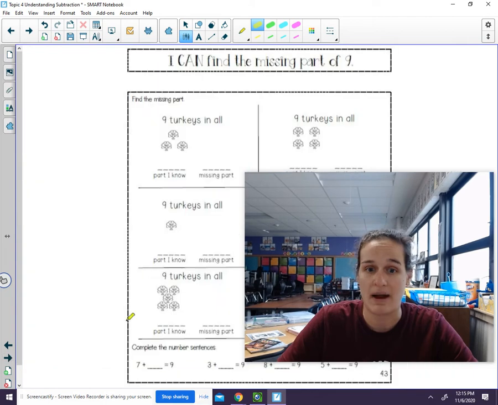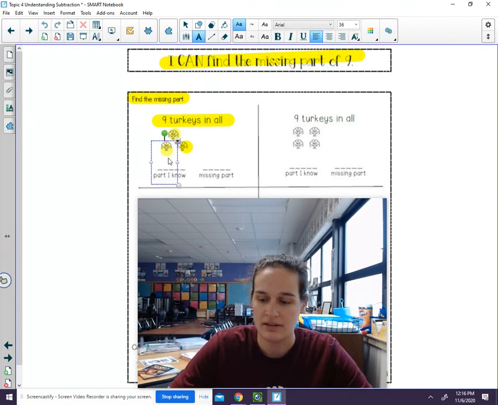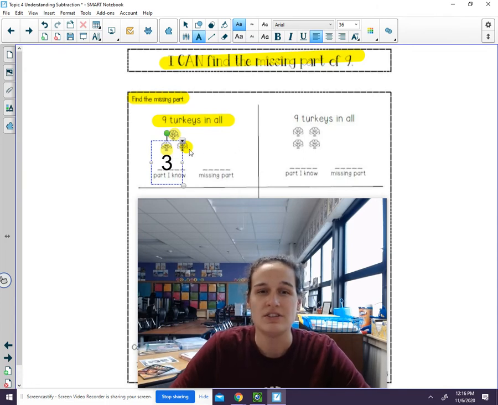Let's look at your math practice today. The learning target says, I can find the missing part of 9. Here it says, find the missing part. 9 turkeys in all. They show you a part that they know. Let's count that. 1, 2, 3. You would write that here then, 3. Then you need to find the missing part.